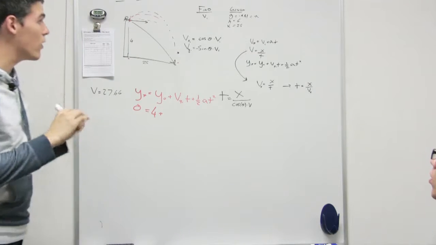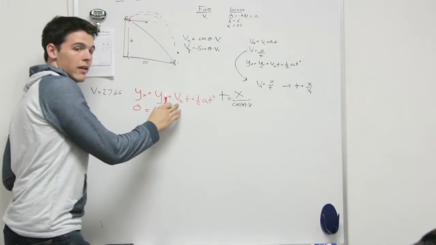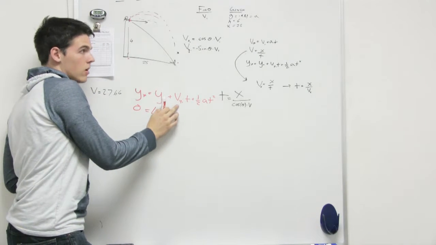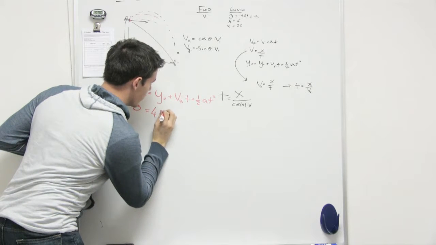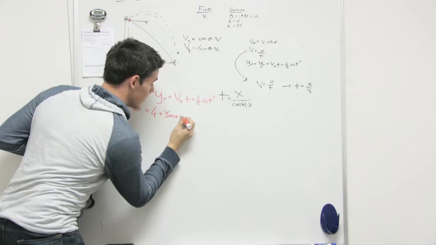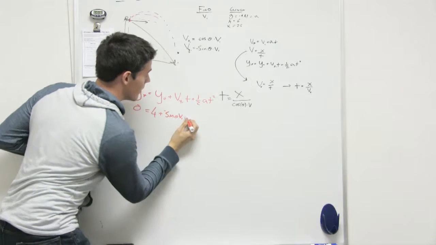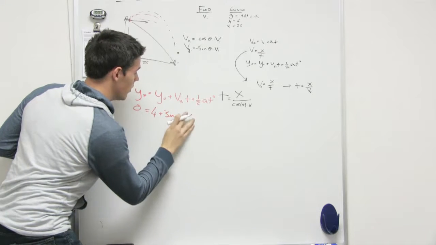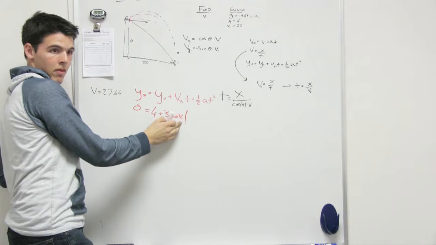This is where it gets kind of legit. What's V naught in the Y direction? Sine theta V1. Oh, don't forget the negative. It's negative sine theta times V naught, times T. What's time?